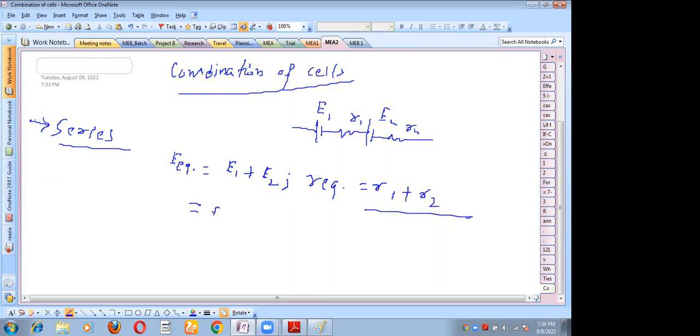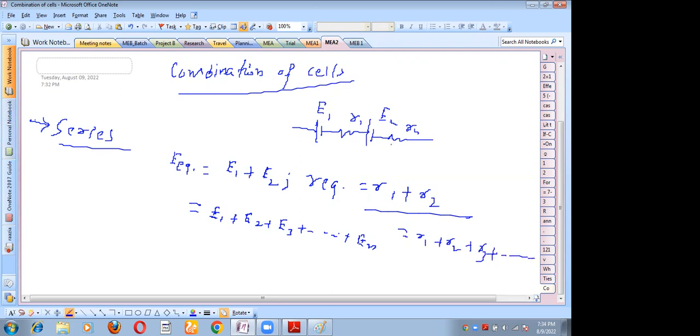Like if we have n number of cells, then it will be E1 plus E2 plus E3 and so on, and also internal resistance will be R1 plus R2 and so on.